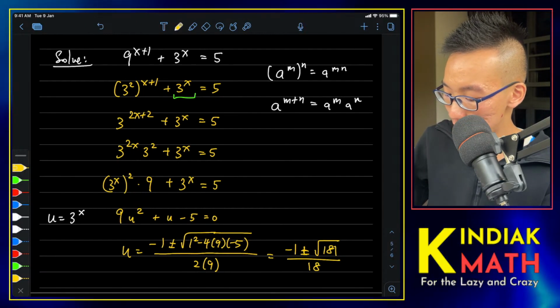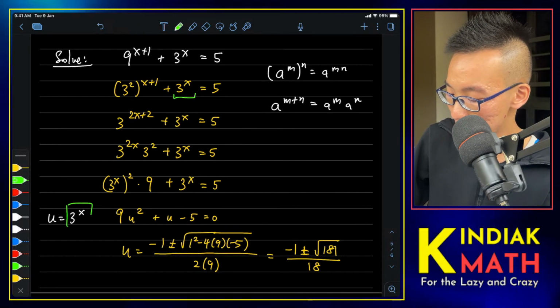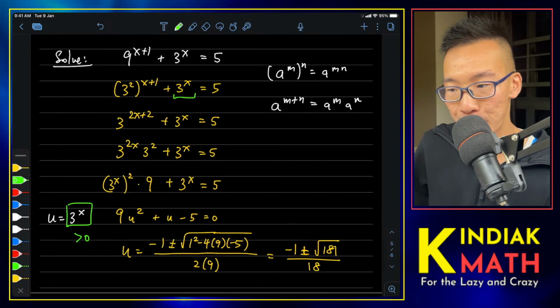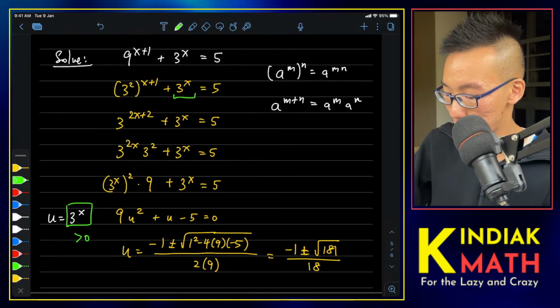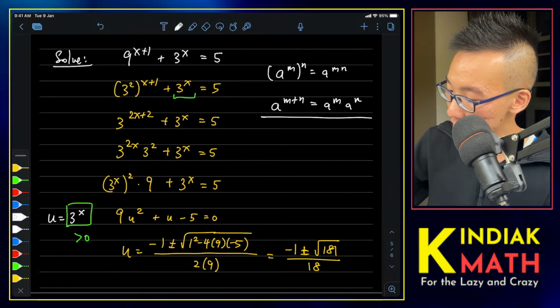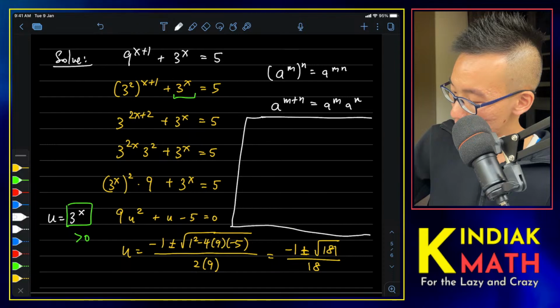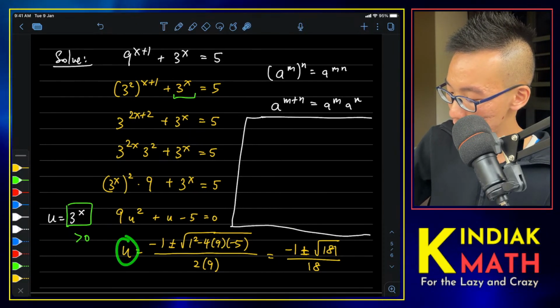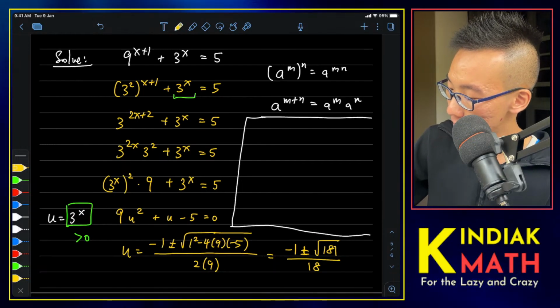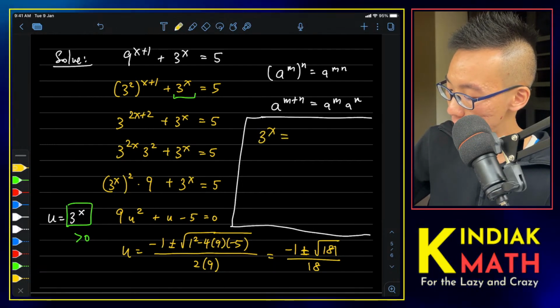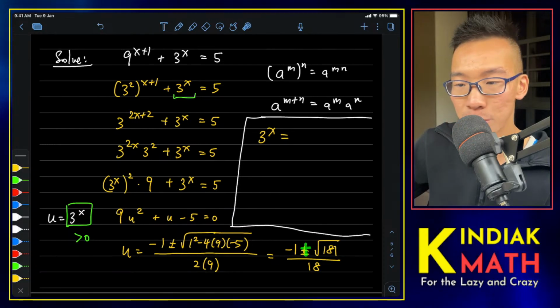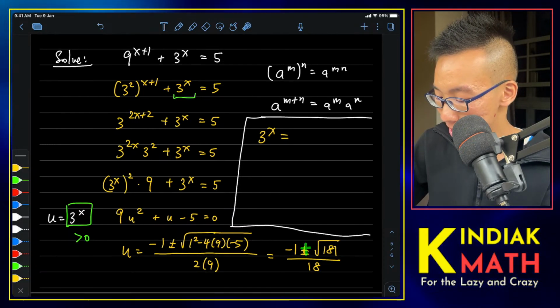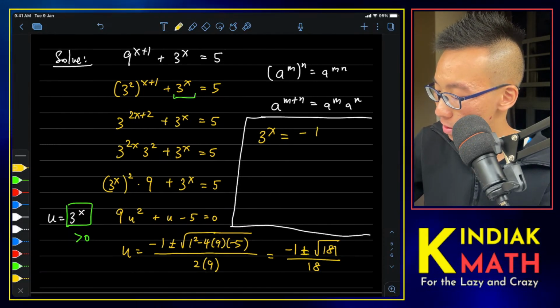But what we do know is that exponentials are always positive. No matter how you do it, exponentials are always positive. So what that means is that we can conclude that u, well, u equals 3 to the x, has to be the positive solution, because 3 to the x cannot be a negative number.